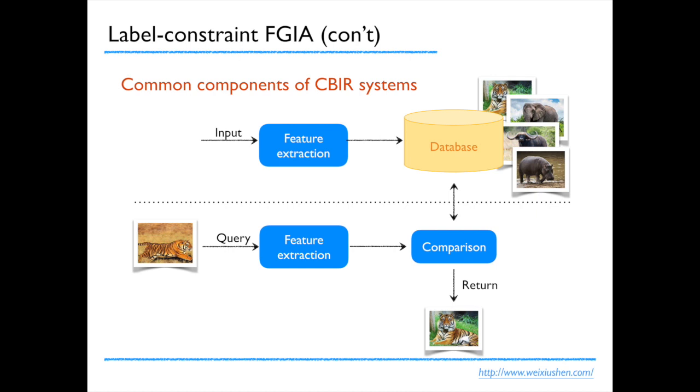And then we compare it with the images in the database by similarity matching. Based on the ranking results of similarities, we can get the returned images. As shown, the whole pipeline is unsupervised, and we employ a pre-trained classification model to perform the feature extraction process.